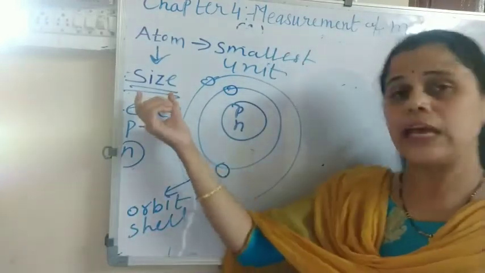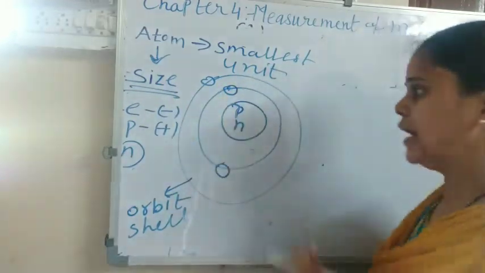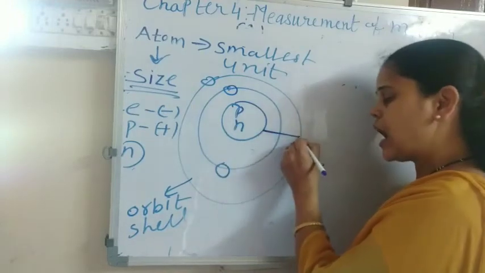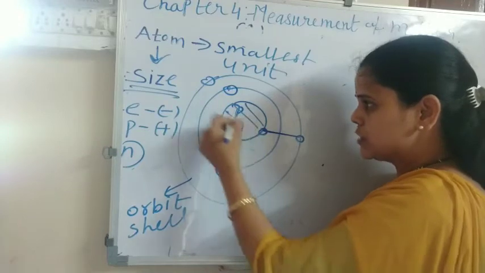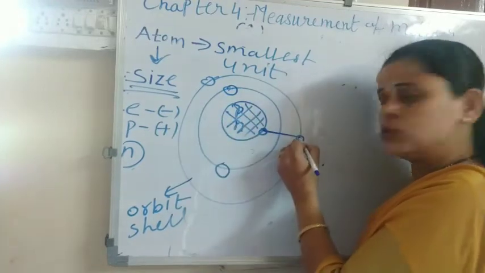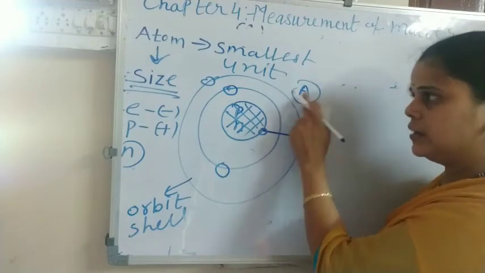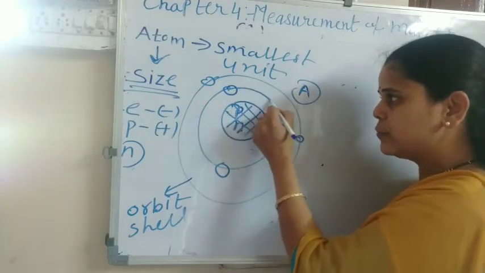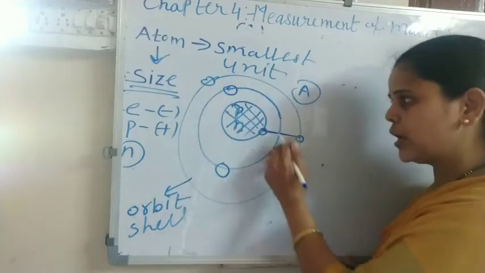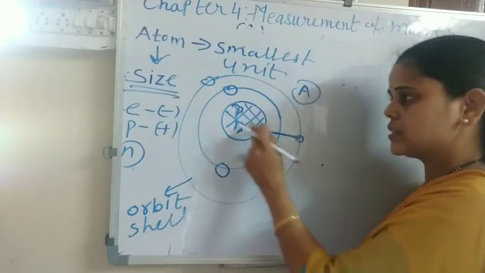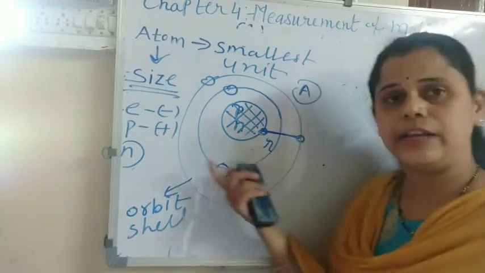If the atom is isolated, then the distance from the outermost shell to the nucleus is the atomic radius. Consider an atom containing a total of 3 orbits, 2, 8, 1; this distance between the outermost shell and the atomic nucleus is the atomic radius.